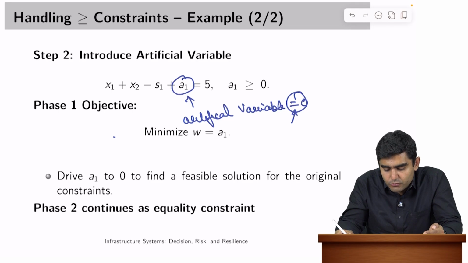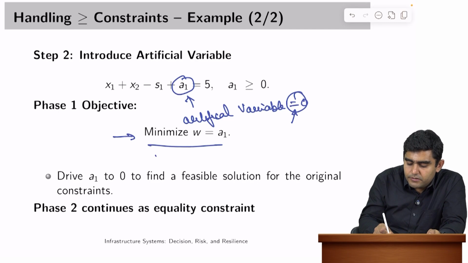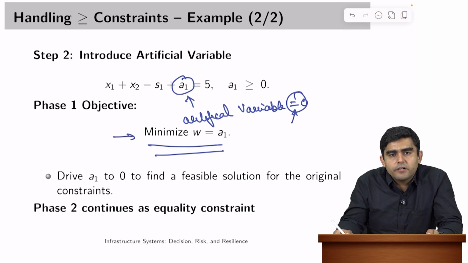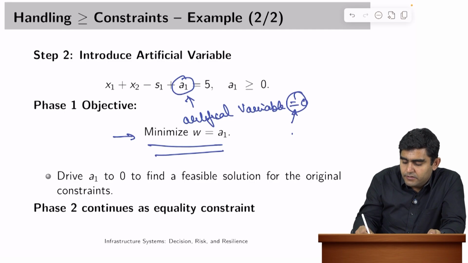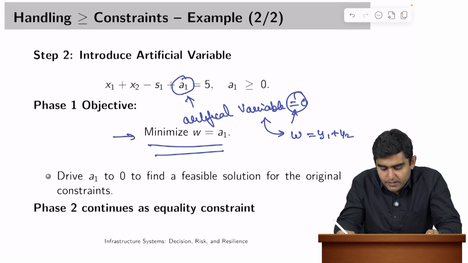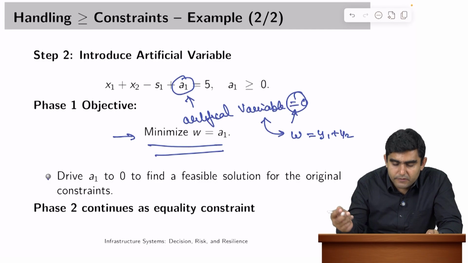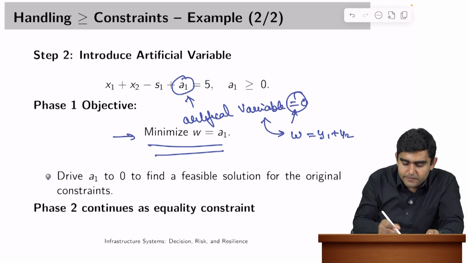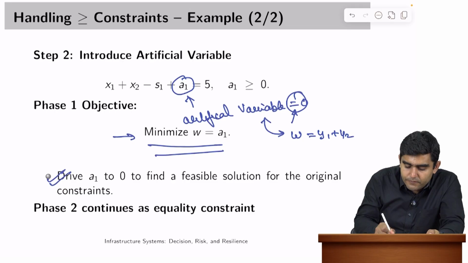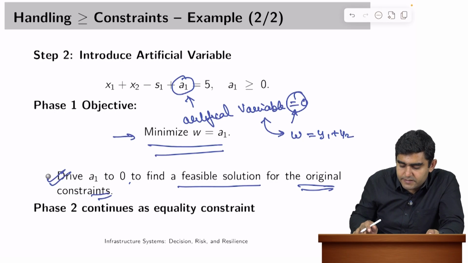And the moment I introduce this artificial variable, I end up including another variable w is equal to a1, which is in line with w is equal to y1 plus y2 when we were dealing with the example of this artificial variable. So, our first objective now again would be similar to what we did earlier, that is we will drive a1 to 0 and find a feasible solution to the original constraints.